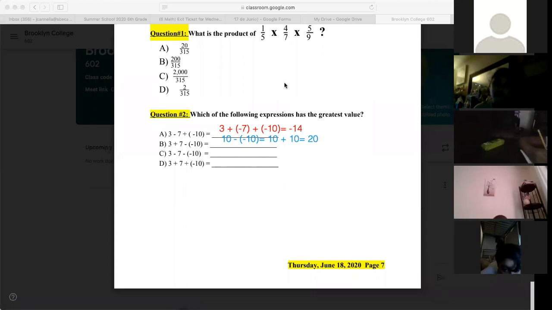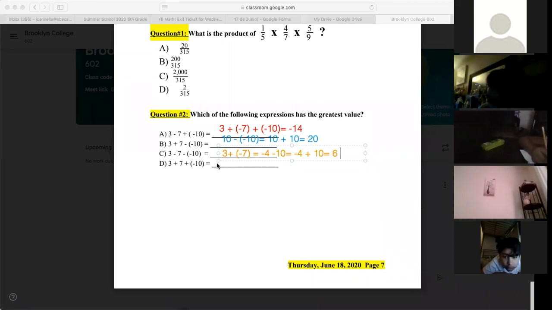You're doing awesome. 6. Man, you're awesome. 3 plus negative 7, which is negative 4, minus 10, which then converts to negative 4 plus negative 10.